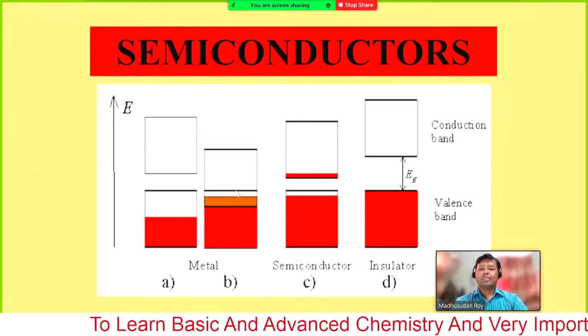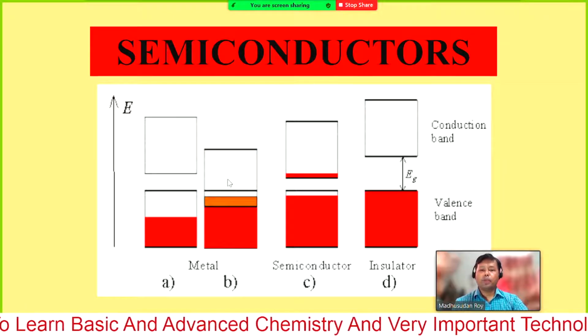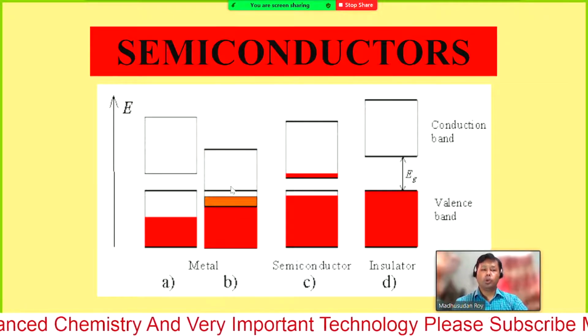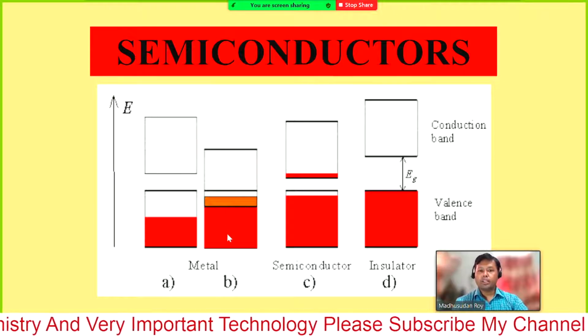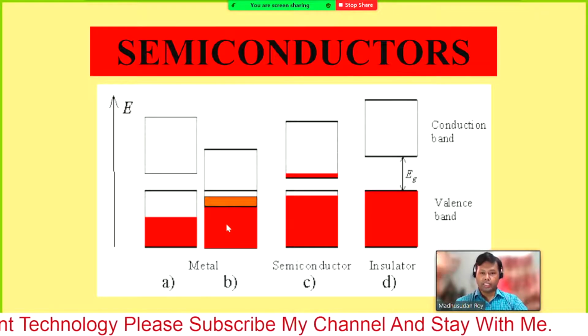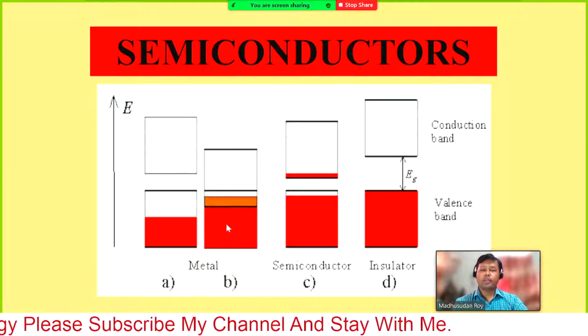But some of the metals have their valence band and conduction band almost overlapping or completely overlapping. Therefore it is very easy for them to conduct electricity, like copper.